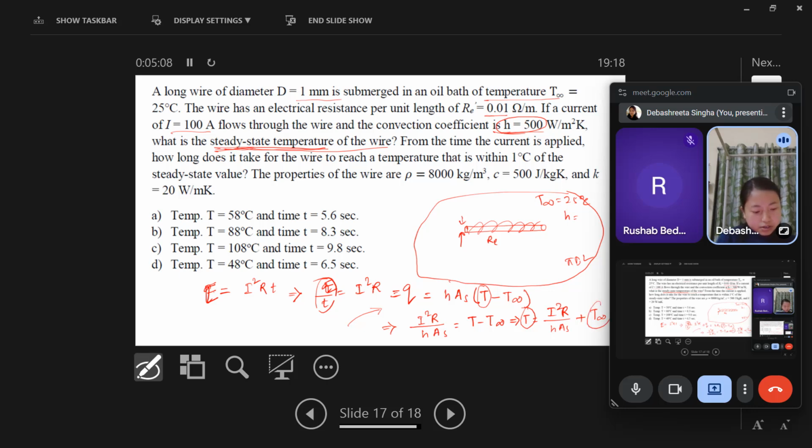And T infinity is 25 degrees Celsius. How much is it coming? Just let me know.